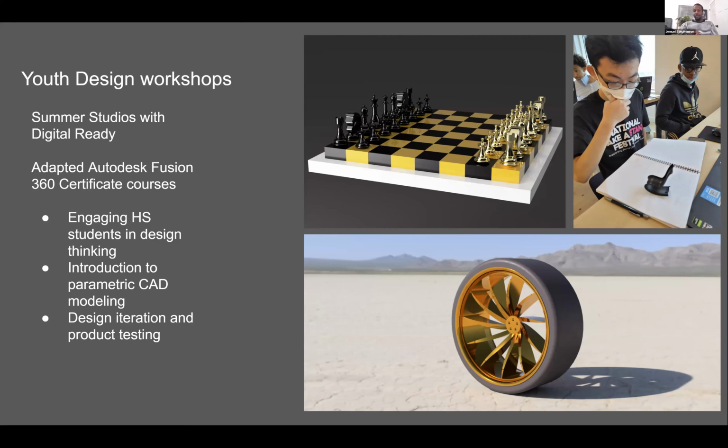We teach them renders early on because they really like to be able to visualize a lot of the stuff that they're creating, and just really try to engage them.